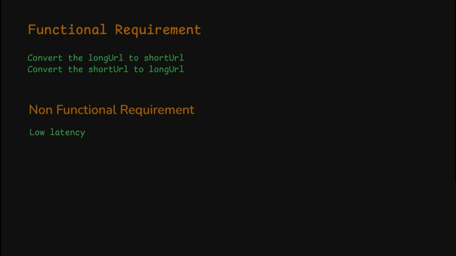We want low latency when we want to get the long URL from the short URL. It means when user clicks on the short URL, we should be able to redirect to the original URL as soon as possible. So this is something like a read operation.